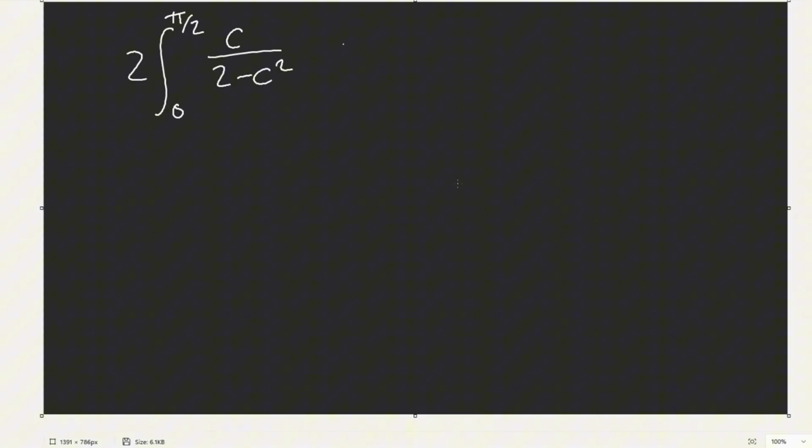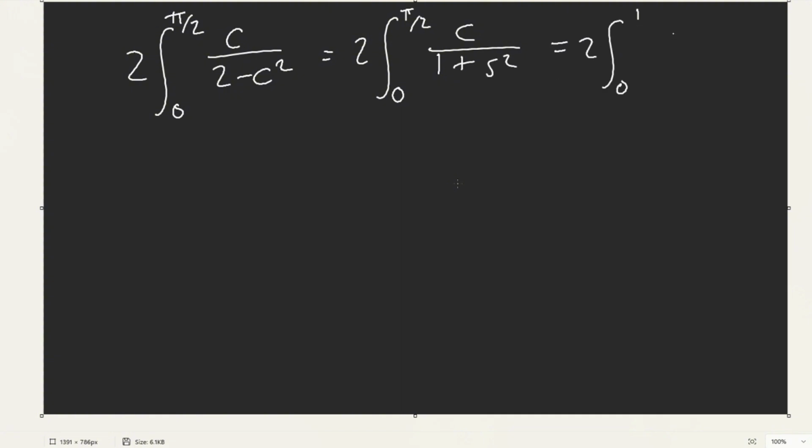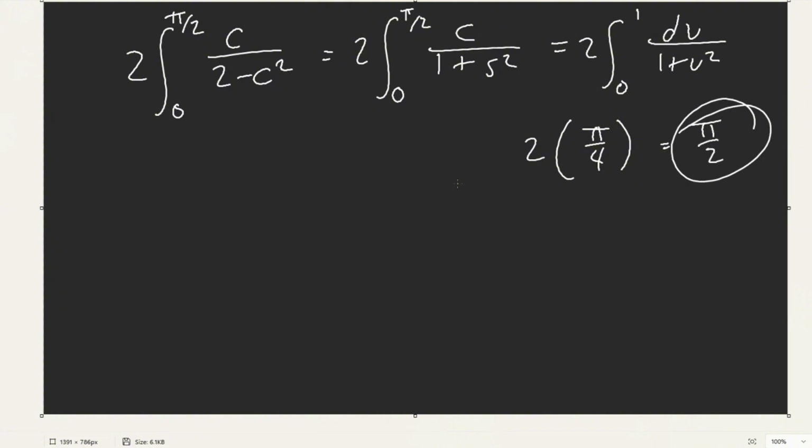Yes. So here we can utilize 1 plus 1 minus sine squared, which is sine squared here. Okay? In which this is equal from 0 to 1 du 1 plus u squared. And we see that we have pi over 4. Pi over 2. So our answer should be pi over 2.